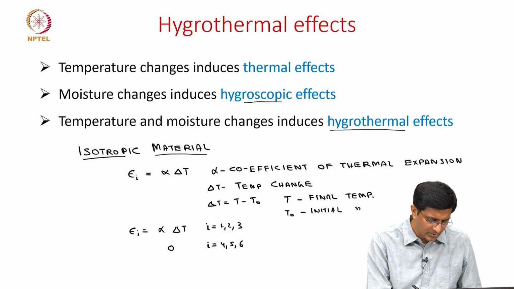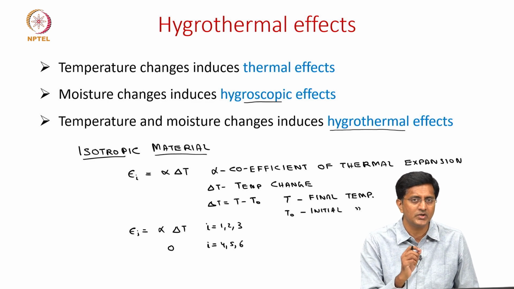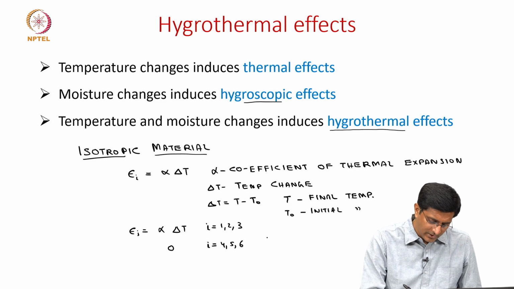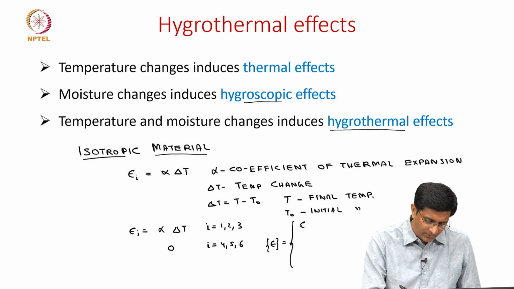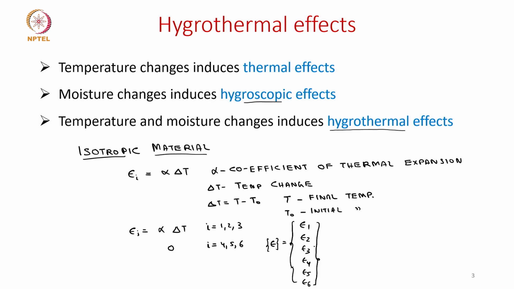What are these subscripts 1, 2, 3, 4, 5, 6? These are the contracted notations we discussed few lectures back. So let's say this is the strain vector in 3D. This can be represented, we said, as epsilon 1, epsilon 2, epsilon 3, 4, 5 and 6. And we also mentioned the first three are the normal strains.